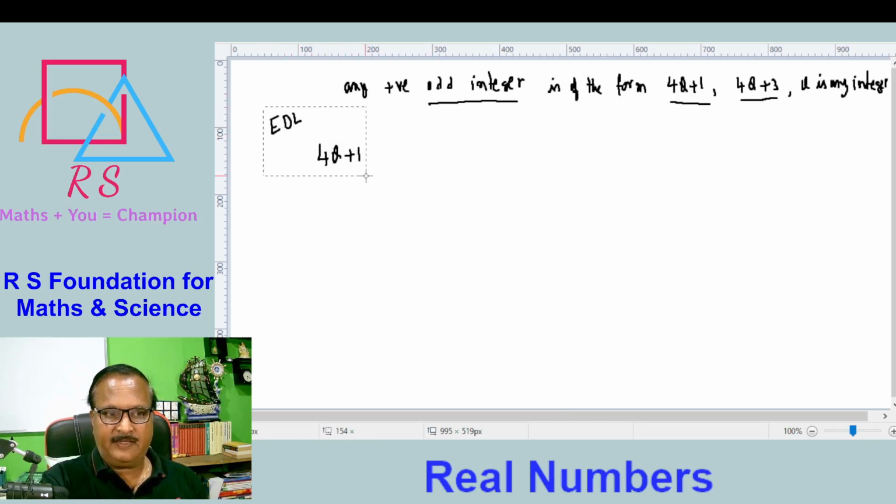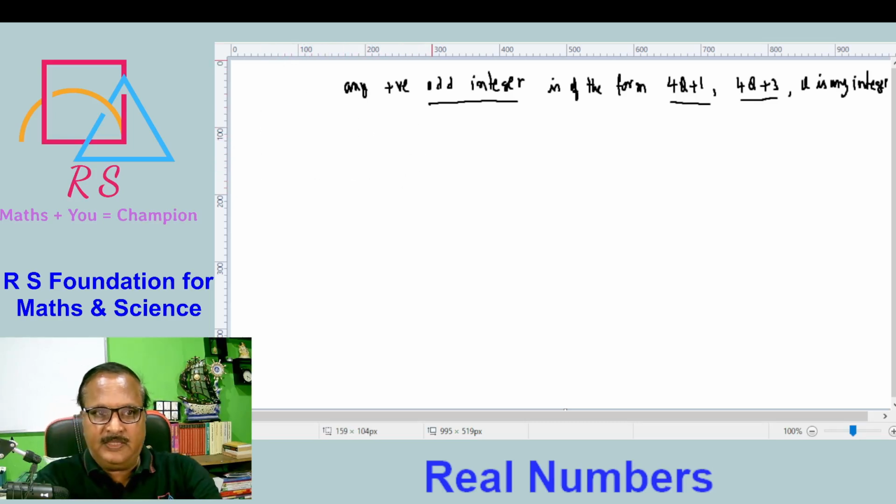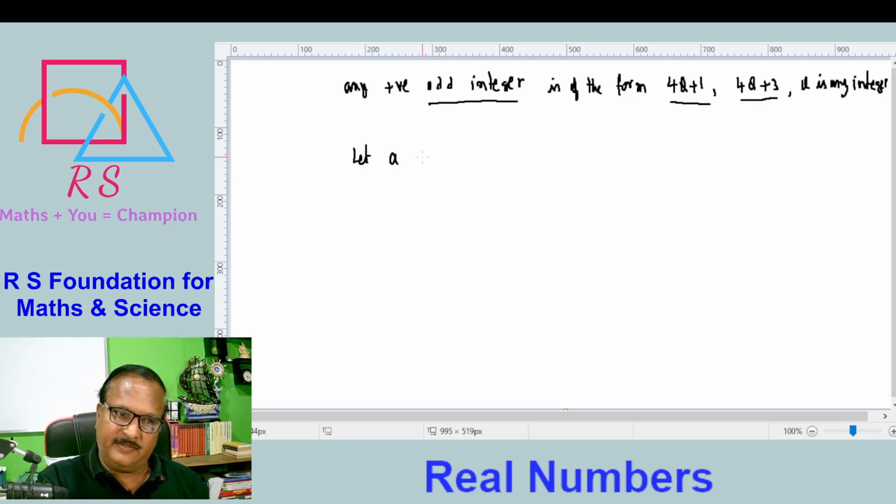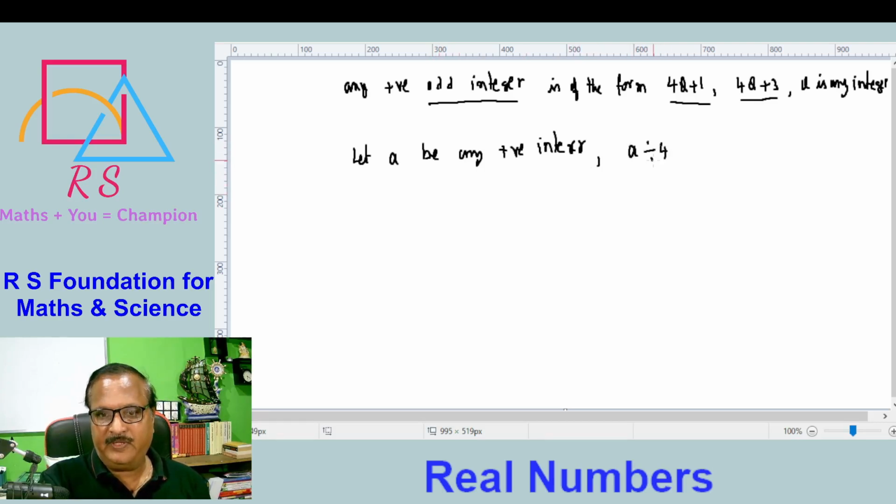So here, let us bring a formula in this. Let a be any positive integer. Now a divided by 4, because 4 is here, so let us take 4. 4 is in the divisor position.